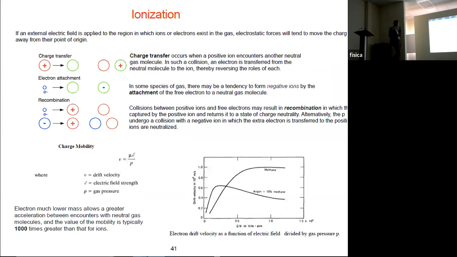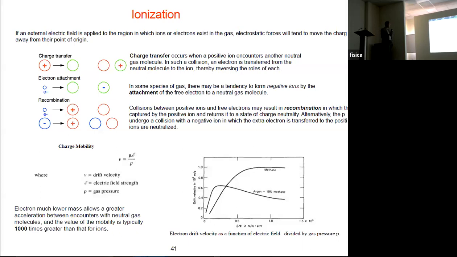Let's move to the processes which can happen in gases when the interaction and the ionization take place. For example, a very simple picture: you have electrons and ions.